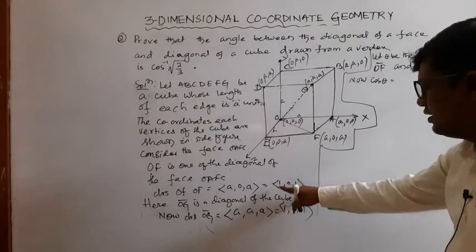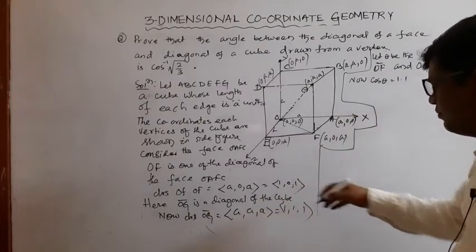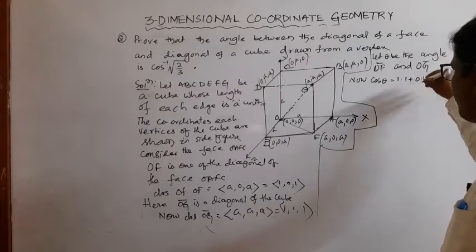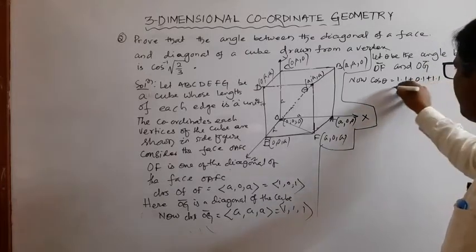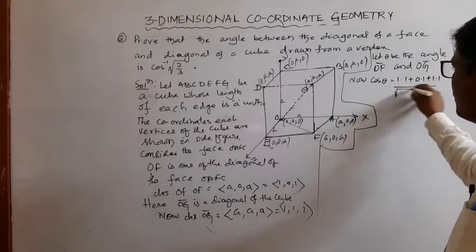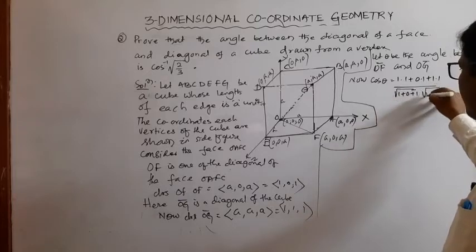So 1 into 1 plus 0 into 1 plus 1 into 1, divided by root over 1 plus 0 plus 1, times root over 1 plus 1 plus 1.